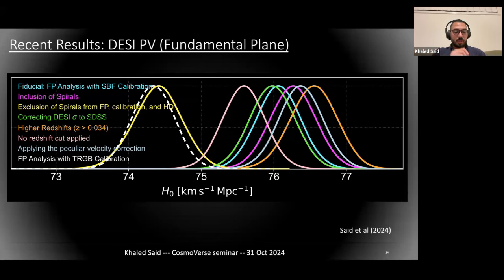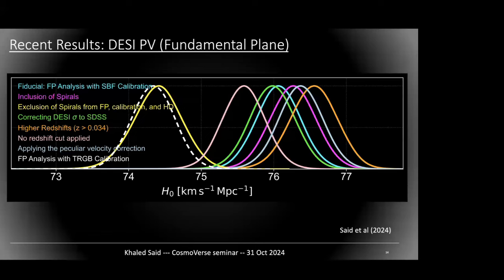But again, we are testing this with year one data, and we'll see, because here we have only one cluster, and basically the SV was patches of the sky, so we don't have a lot of field galaxies to compare with. So in DESI we were not able to do this test, but we did the test with 6dF, and we didn't see that evolution. We tested it also with even older surveys and we don't see that evolution. We only see this evolution with richness in SDSS.